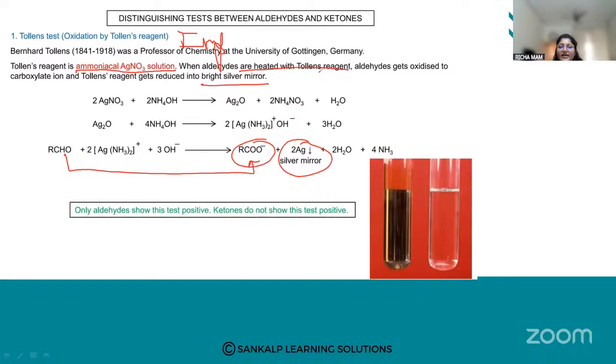So when we take aldehydes and heat them with Tollens reagent, they get oxidized to carboxylate ion, and it gives you bright silver metal. So what is the formula, if they ask you? This is the formula of Tollens reagent.